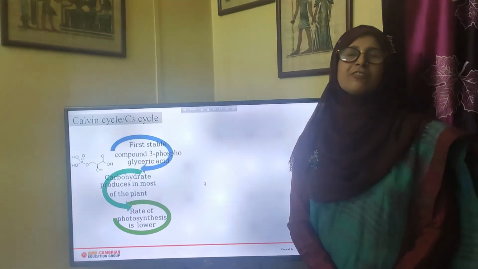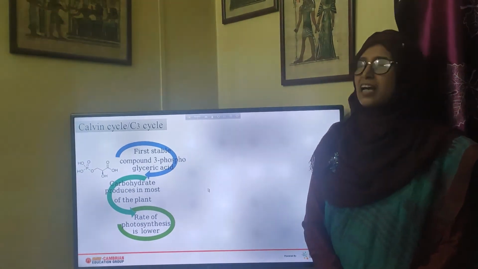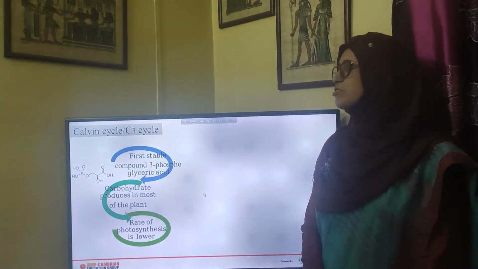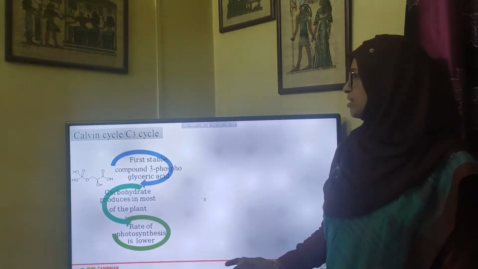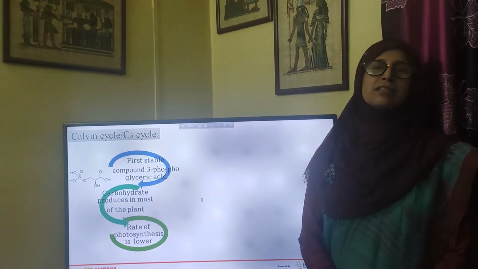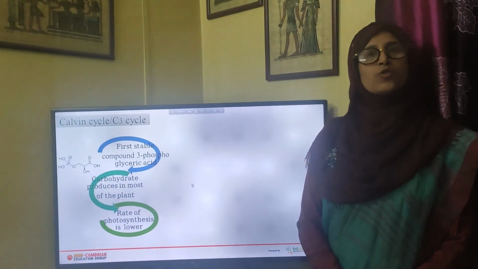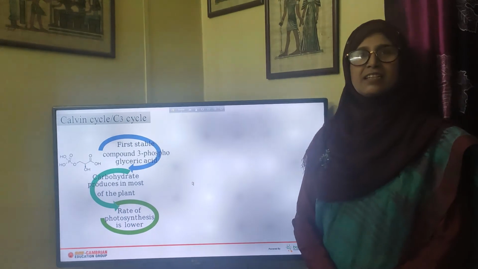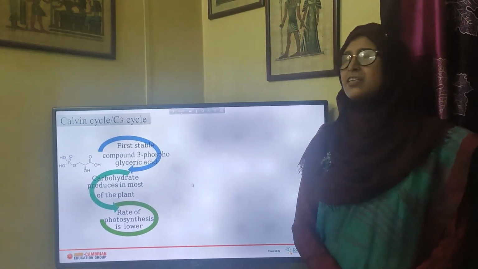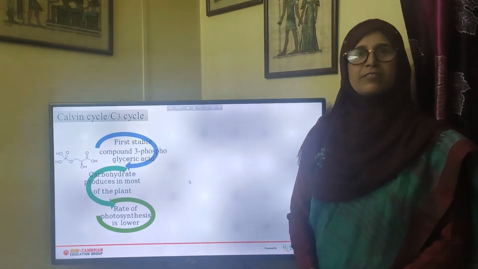Now the Calvin cycle or C3 cycle. Calvin, Bassham and Benson, three scientists, discovered this cycle, and in 1961 Calvin got the Nobel Prize for this C3 cycle, and according to Calvin, this cycle is also known as the Calvin cycle.